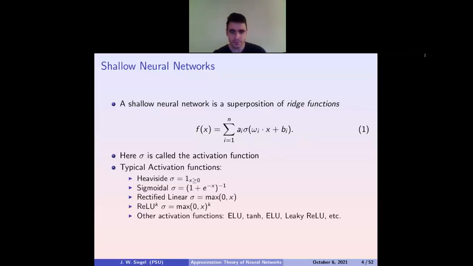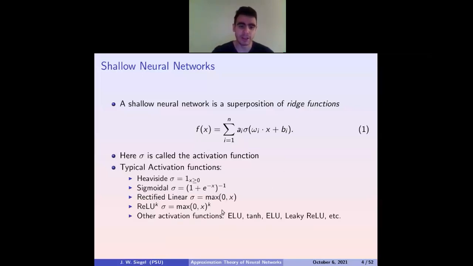Some typical examples that we'll consider are, say, sigma is the Heaviside, or a smooth version of the Heaviside, the sigmoidal. These were activation functions that were initially studied a lot and important in machine learning and neural networks.